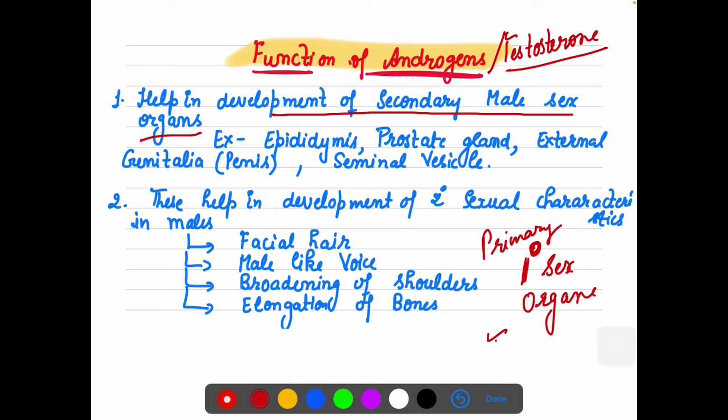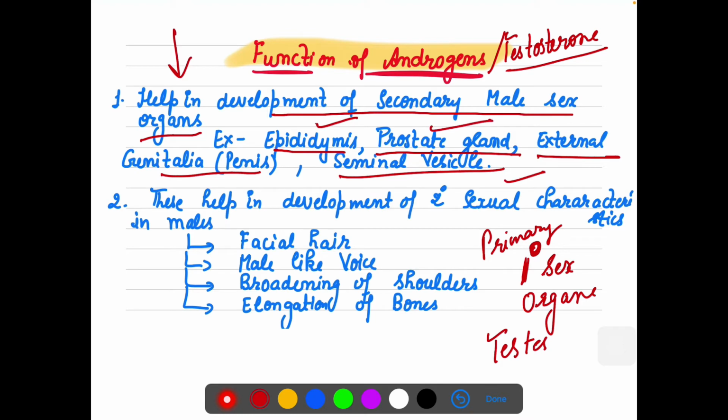Primary sex organ is always testes, but the secondary sex organs, which play a role in the male, are the epididymis, prostate gland, external genitalia, in males the penis, as well as seminal vesicle. And testosterone helps in the development of the epididymis, prostate, seminal vesicle, and external genitalia also.